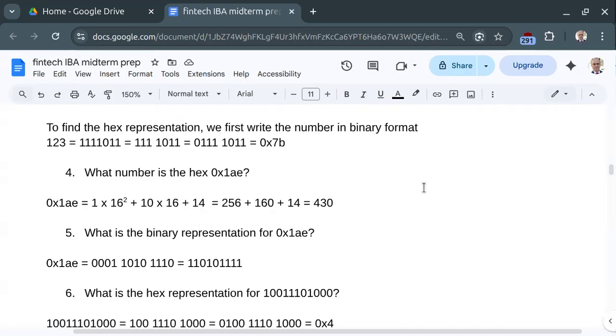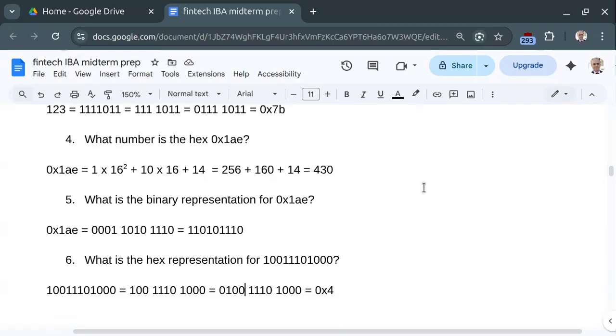I can always put extra zeros there. A is 10, so 8 plus 2 is 10. That's the representation of 10. And E is 14, which is this one. So like that. Okay, so that's my binary representation for the hexadecimal 1AE.